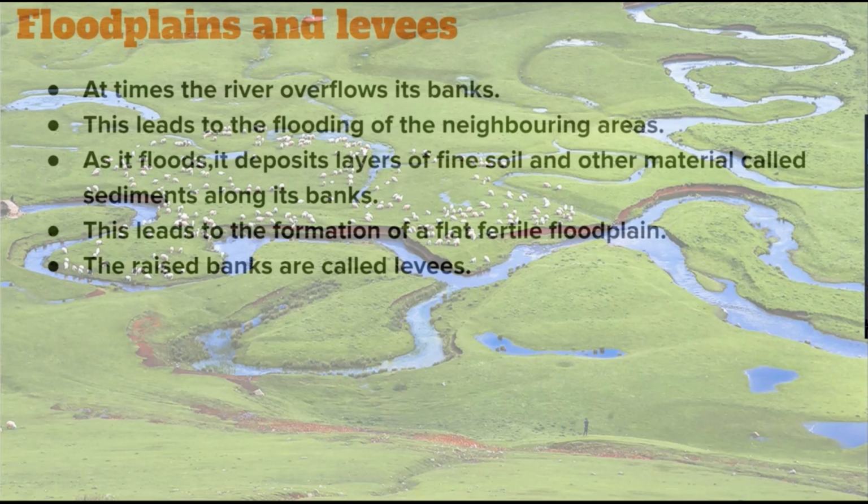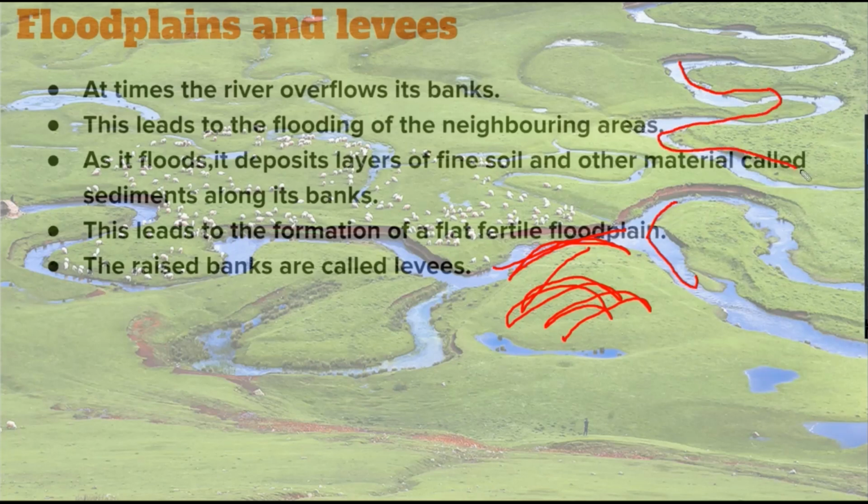So, in this statement, as you can see, if this bank gets overflooded, the water comes over here, and as the water is carrying sediments with it, it will deposit all the sediments and different fertile materials on its banks.